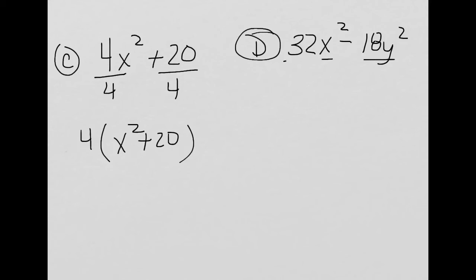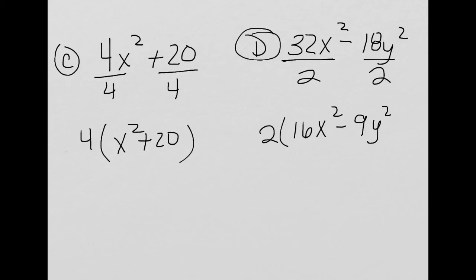So let's take out a 2. 2 and 2, and then 2 down in our answer. 2 goes into 32 16 times, x squared, minus 2 goes into 18 9 times, y squared.